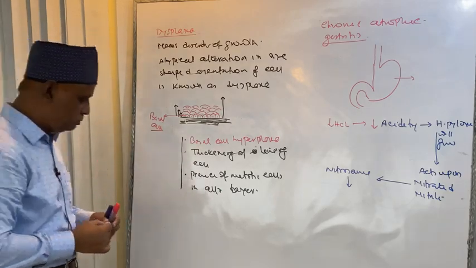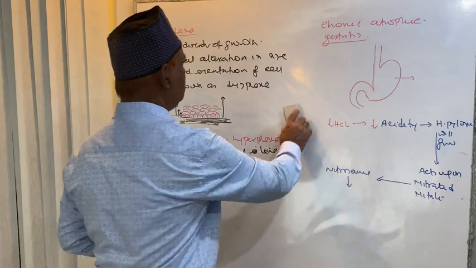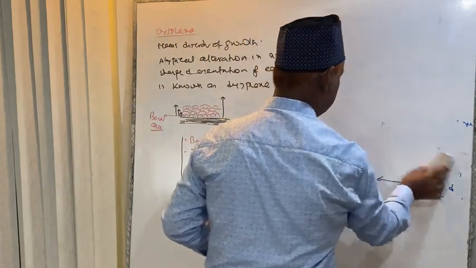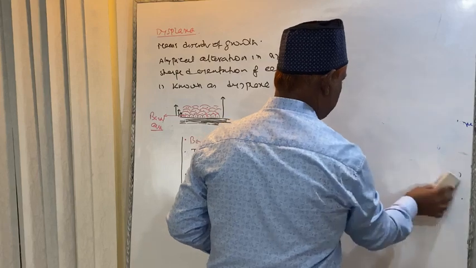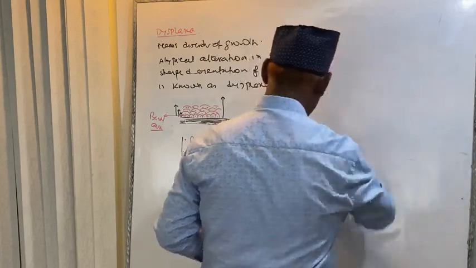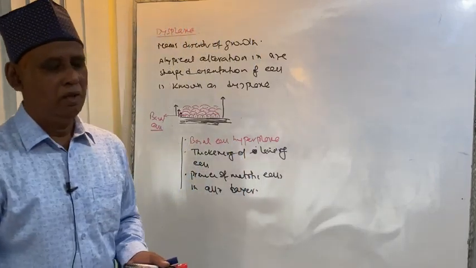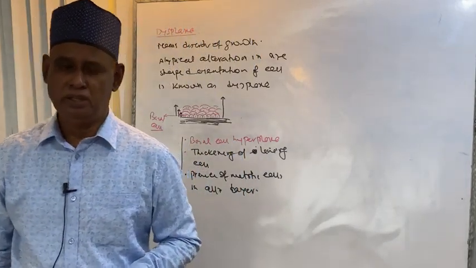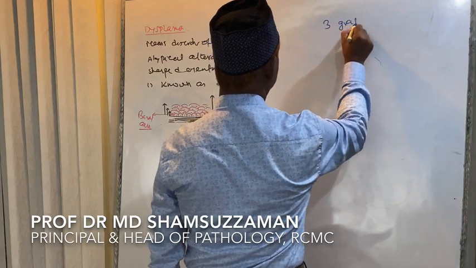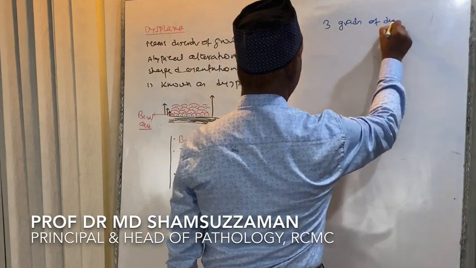So dysplasia means atypical alteration of cell size, shape and orientation. In dysplasia, there is basal cell hyperplasia, acanthosis and presence of mitotic cells in all layers. Three grades of dysplasia.